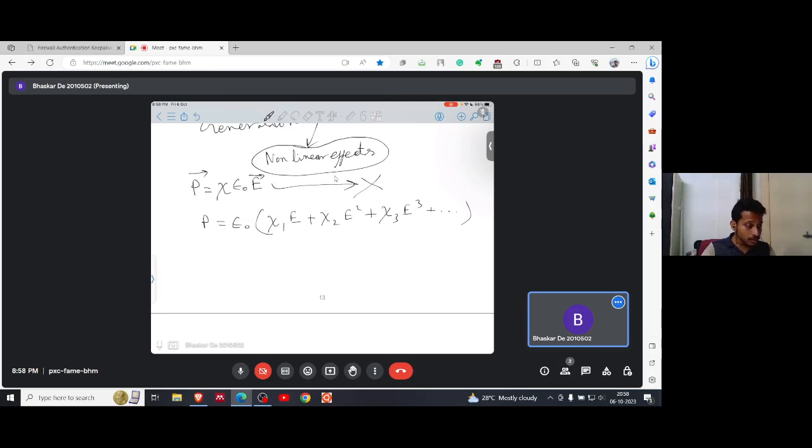Here chi is a scalar quantity when we have a symmetric isotropic material, but these things are tensors when we have an anisotropic material.